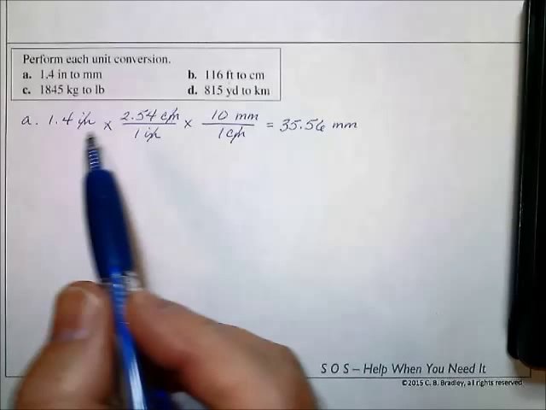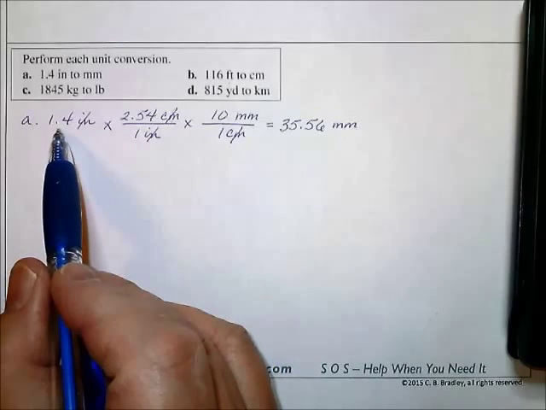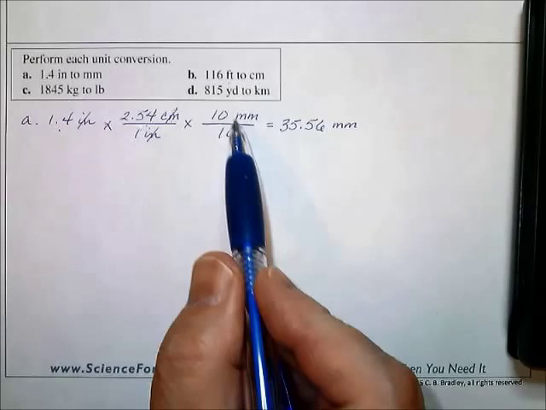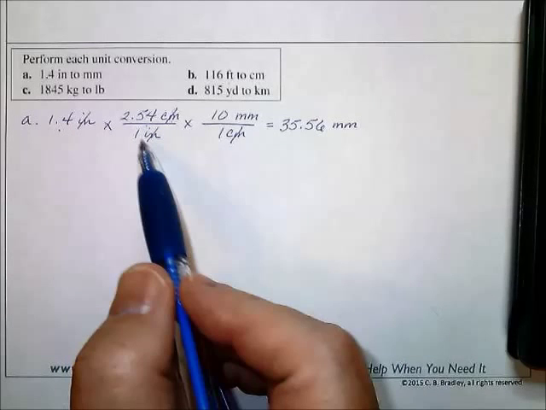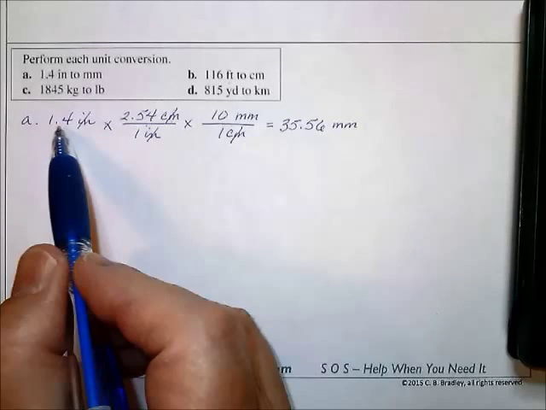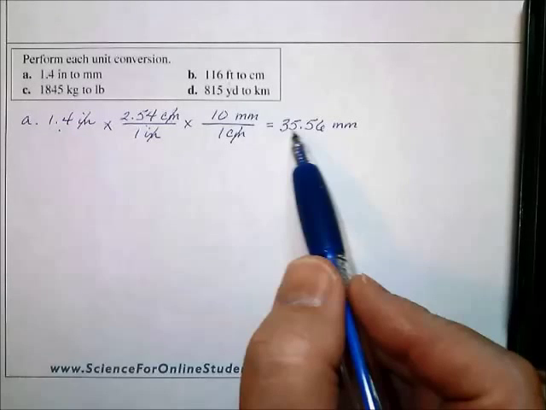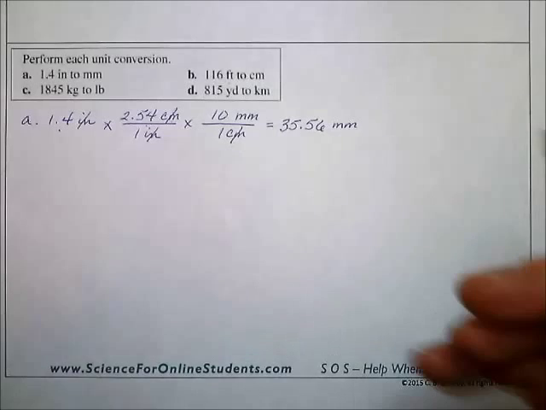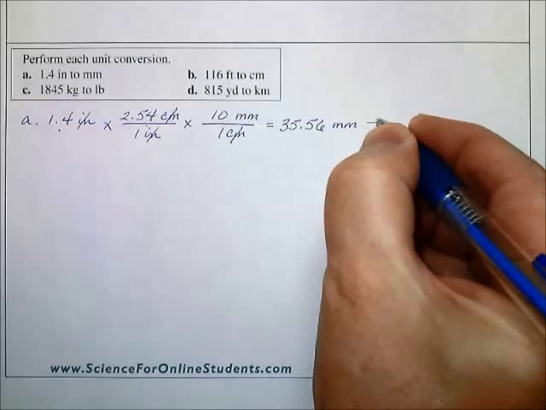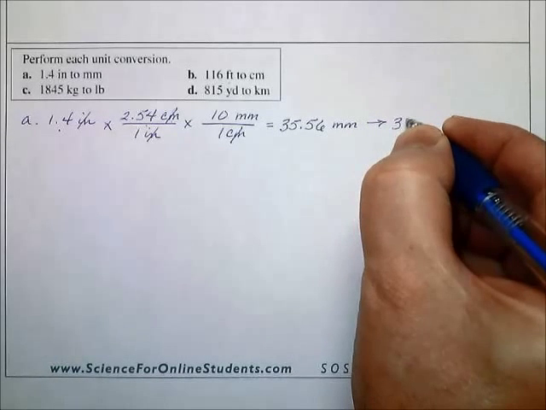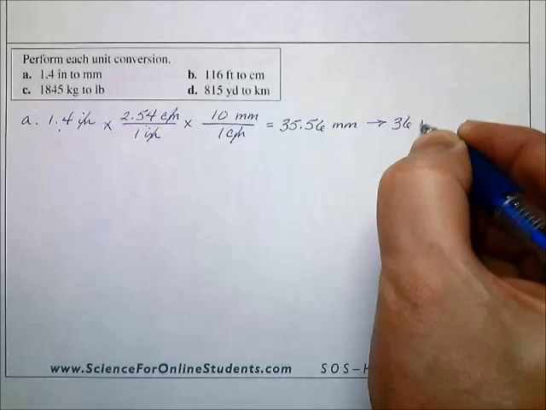Two significant figures. The conversion factors are infinite by definition, because they're definitions, but the measurement has two significant figures here. We have to go to two significant figures and round to 36 millimeters.